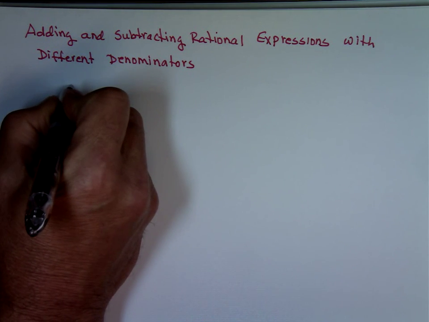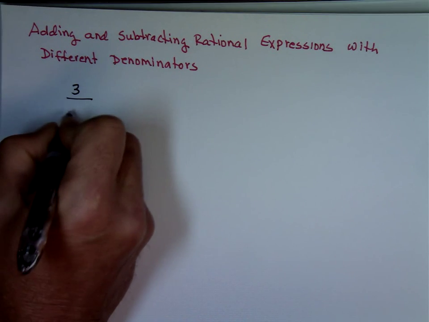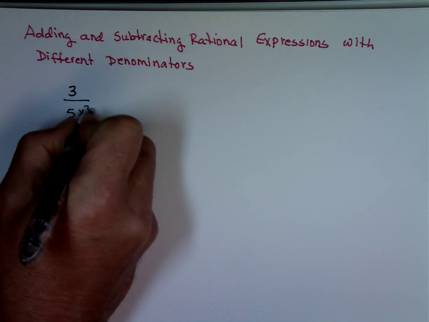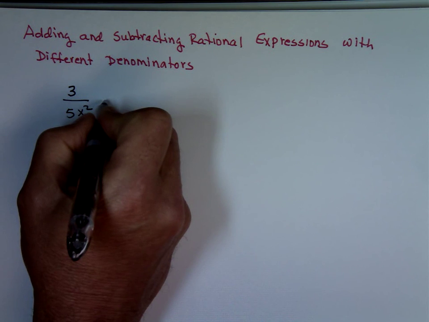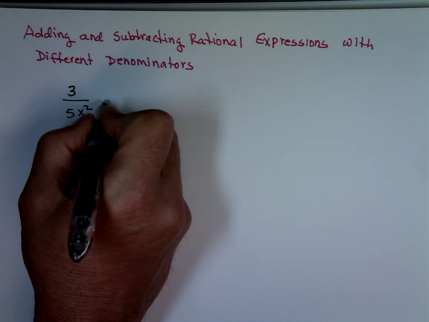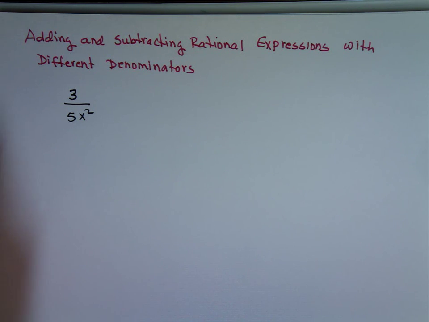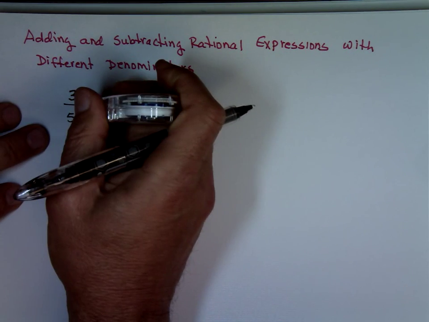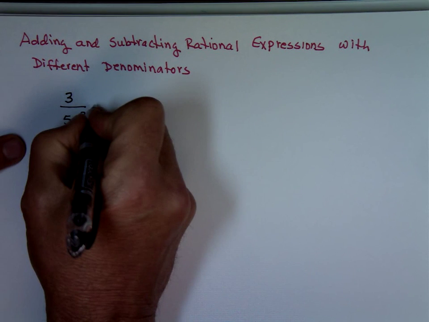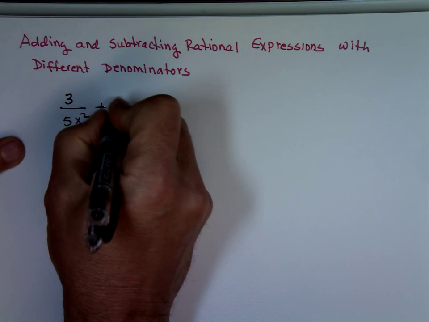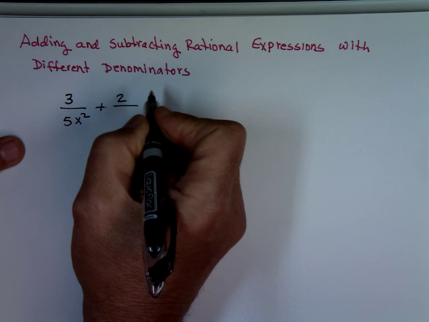3 over 5x squared, and let's say I want to add to that, let me start with an easier one. 3 over, I'll leave it 5x squared, and I want to add to it 2 over 5x.